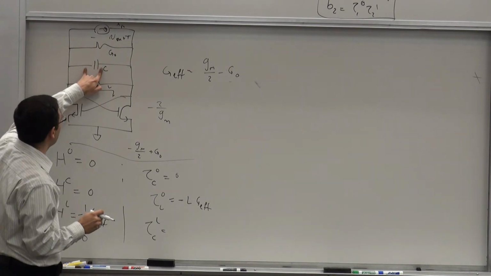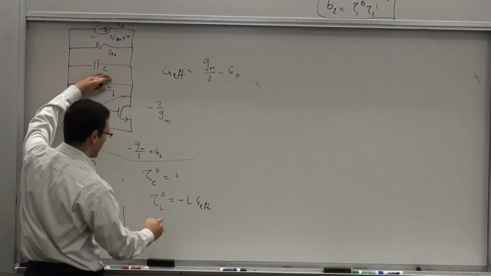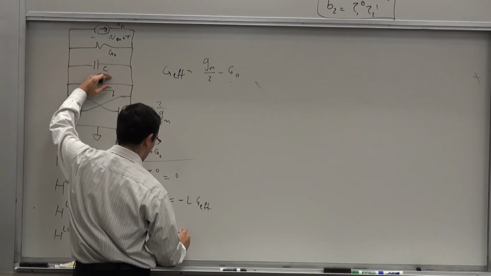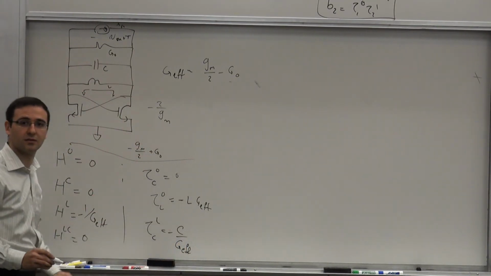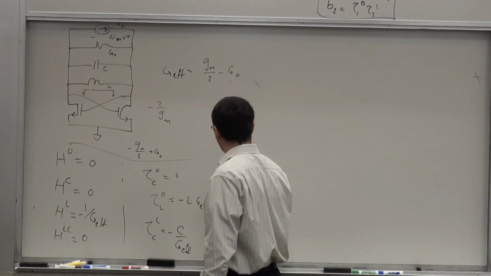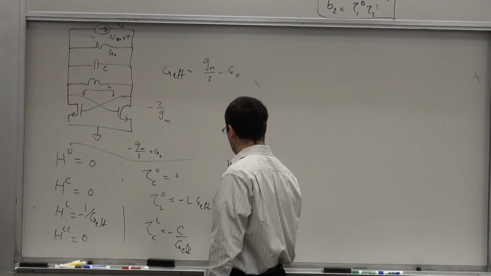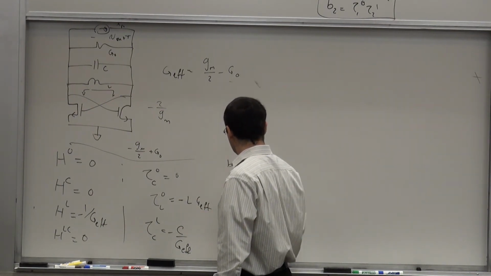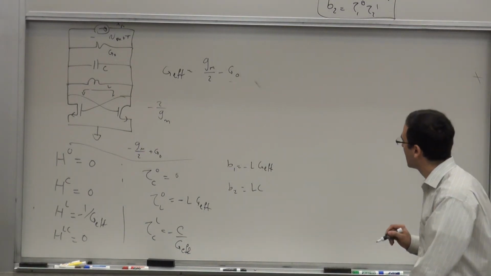What is the capacitance seen by this when the inductor is infinite value? This is gone. Same thing. So now it's basically C times minus C over G effective. That's an RC. Therefore, B1 is minus L G effective, and B2 is the product of these two, which gives me LC. Correct?